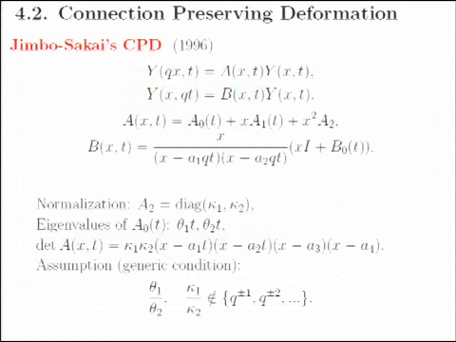So we go to Jimbo and Sakai's connection preserving deformations. Jimbo and Sakai gave the qP6. At that time, there was no q-analog of Painlevé 6 equations. Jimbo and Sakai studied the compatibility condition of q-linear equations.